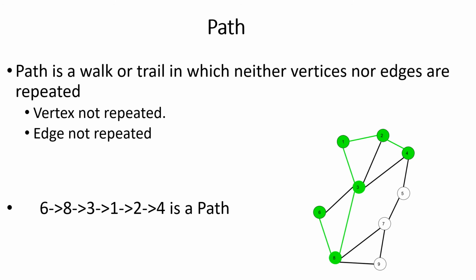So in the example of the undirected graph, on traversing the graph starting from the vertex 6 to vertex 8, 8 to 3, 3 to 1, 1 to 2 and then 2 to 4, we can see that it is a path in which none of the vertices nor the edges are repeated.